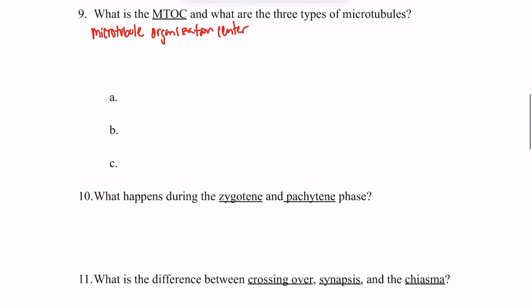And then there are 3 types that your book mentions for the microtubules. The first one is called astral microtubules. So these are going to help position the spindle apparatus.